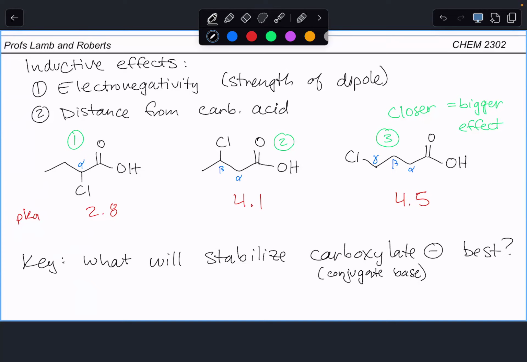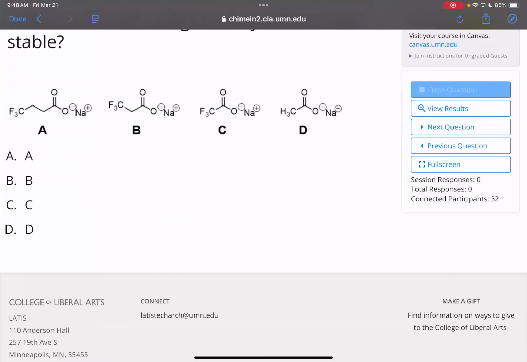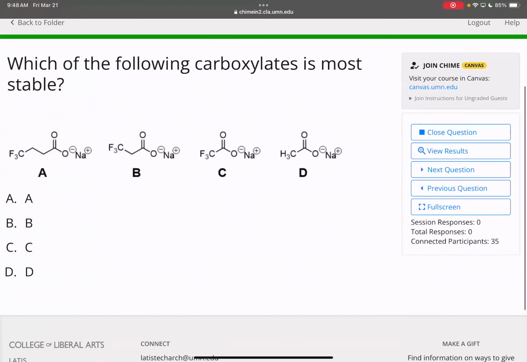Okay, let's try one more clicker question to see if this is all making sense. Here is another way of phrasing essentially the exact same question that I asked you before. Which of the following carboxylates is most stable? Don't get confused if the question is phrased differently. We're still testing the same learning objective, but you should recognize that the stability of the carboxylate is related to the pKa of the carboxylic acid.